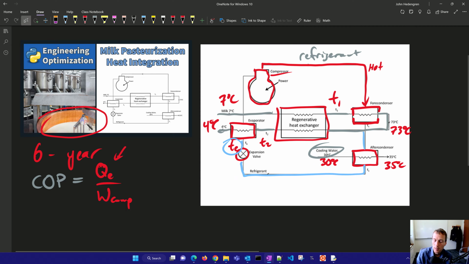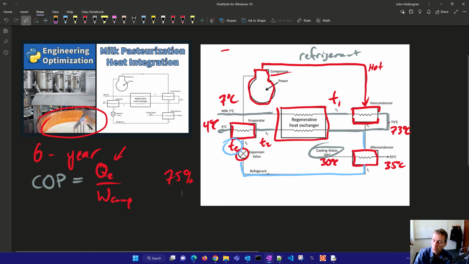That's the total amount of cooling that takes place divided by the compressor work. That's like a theoretical Carnot heat pump, and we're going to assume we're at 75% of that efficiency because of the inefficiencies in the compressor and other things.